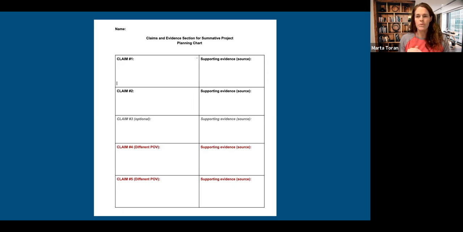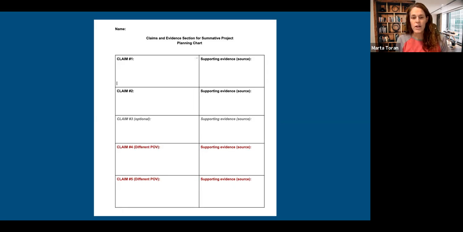The second claim could be that they do not reduce biodiversity of surrounding crops, for example. And then I would include the source for that. My third one would be that genetically modified foods are able to reduce world hunger because we are able to engineer them so they have more nutrients like vitamin A. And then the supporting evidence for that.